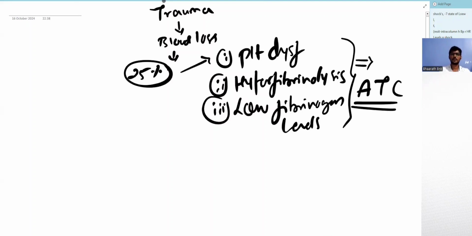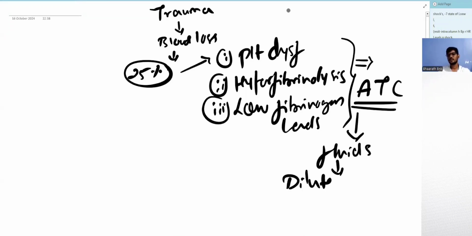So when this acute traumatic coagulopathy happens, if you do not transfuse these patients with blood, blood is lost. But if you try to give these patients fluids, then the fluids dilute the coagulation cascade.